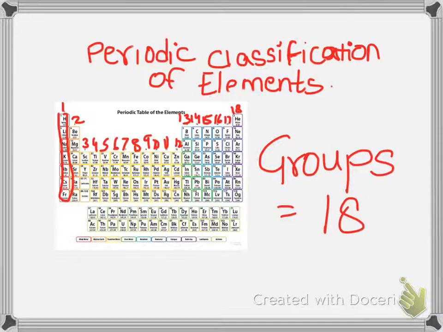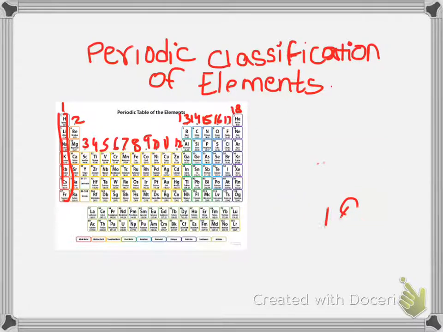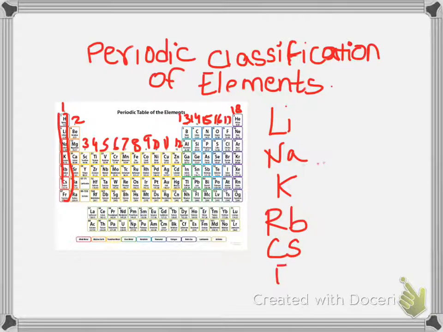Now you can find something here. Let's take one example. Let's go to the first group of the periodic table, which is lithium, sodium, potassium, rubidium, cesium and francium.